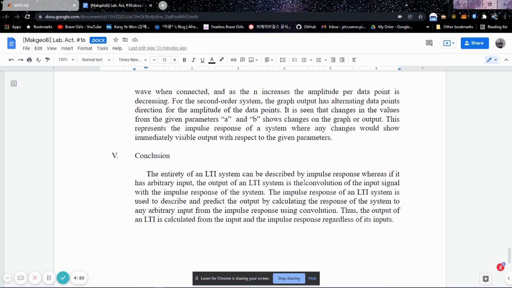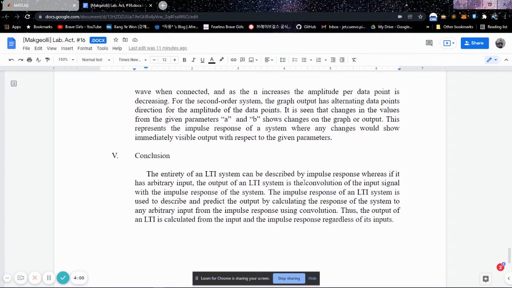And for the conclusion, the entirety of the LTI system could be described by impulse response, where if there are arbitrary inputs, the output would be the convolution of the given signals with the impulse response coming from the system itself.